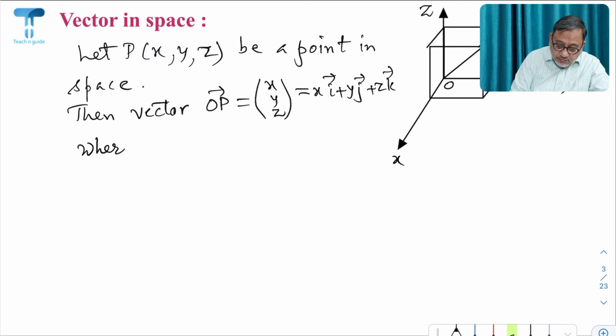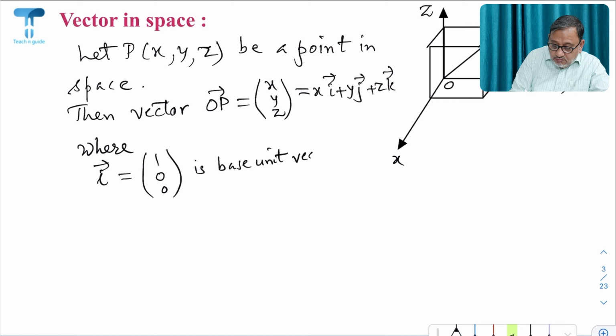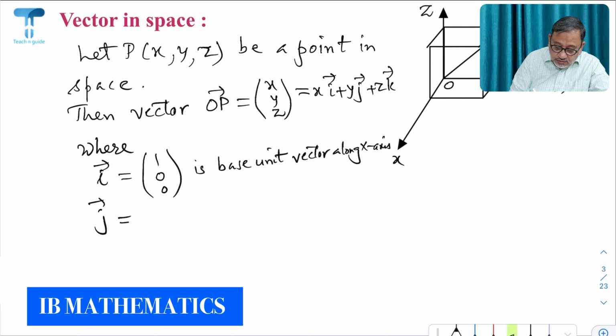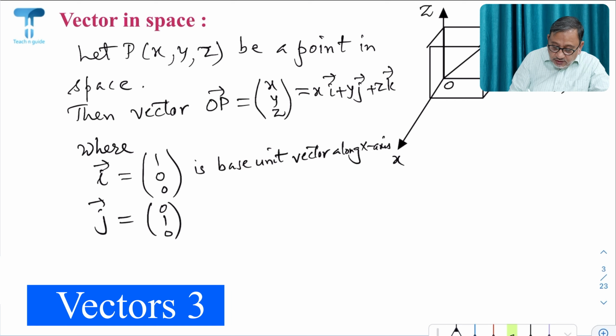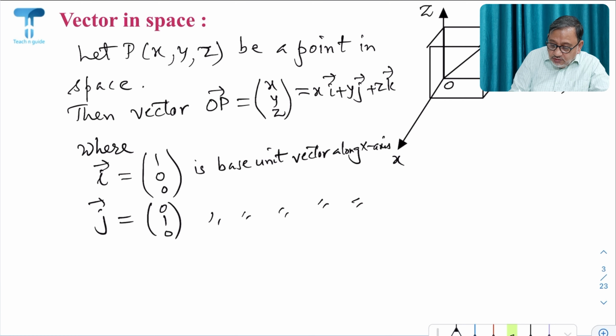where vector i is the base unit vector in the direction of the x-axis, (1, 0, 0), the base unit vector along the x-axis, then j (0, 1, 0) is the base unit vector along the y-axis, and k (0, 0, 1) is the base unit vector along the z-axis.